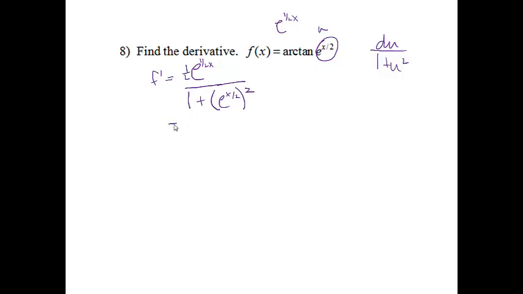And then just cleaning this up a little bit. When I multiply this by 1/2, I'm going to have e to the 1/2 x over 2 times the quantity 1 plus, when I take e to the x over 2 and square it, you multiply the exponents.